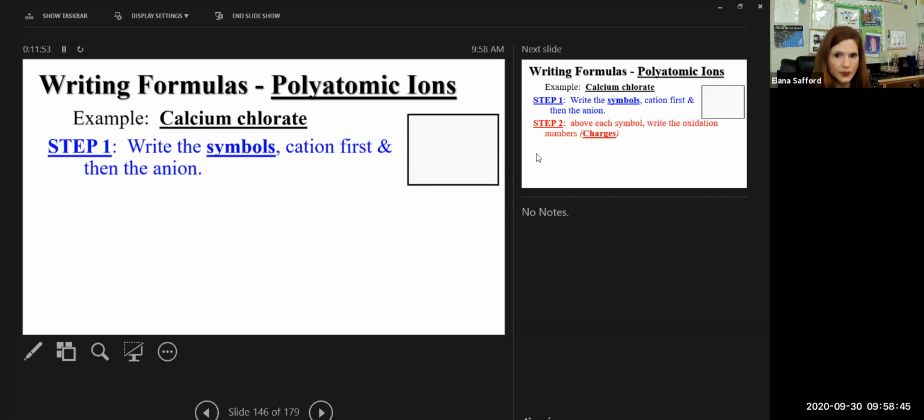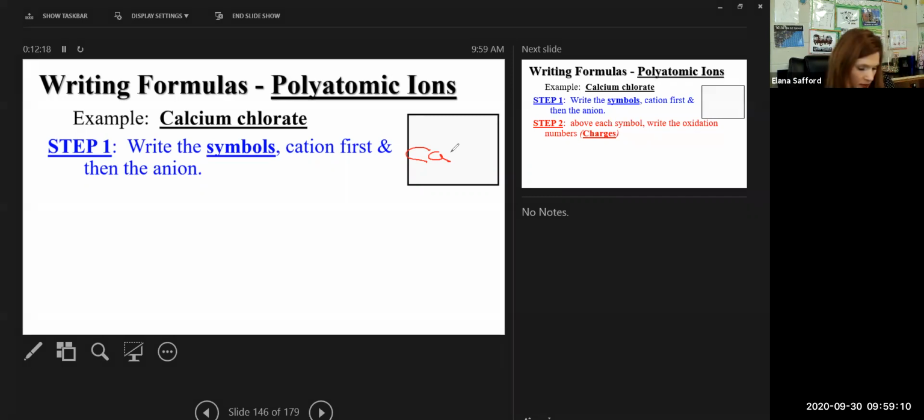So my symbol. Here we've got Ca, calcium. Now I'm going to write chlorate. Sometimes it's helpful to write in your parentheses.